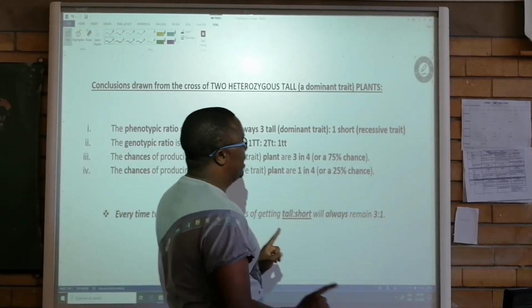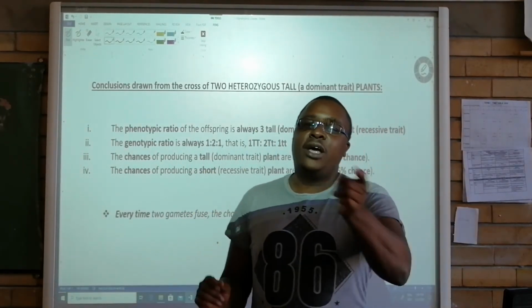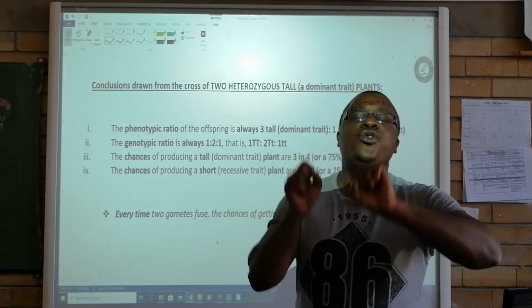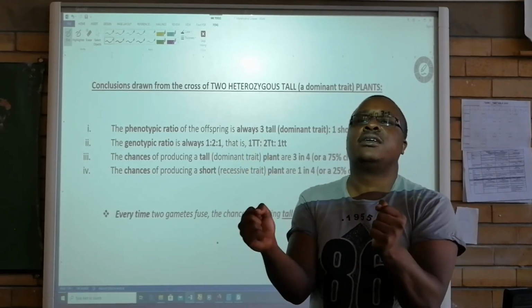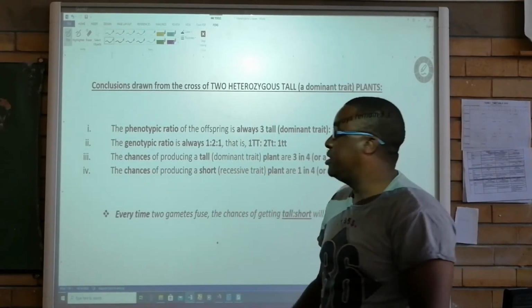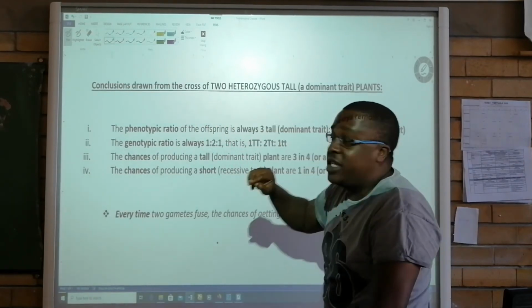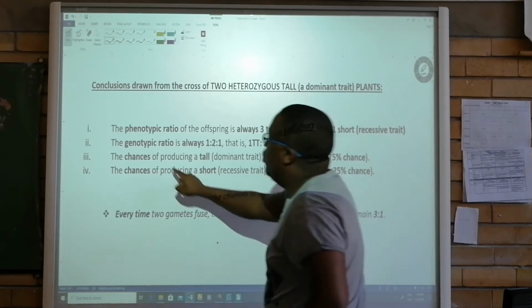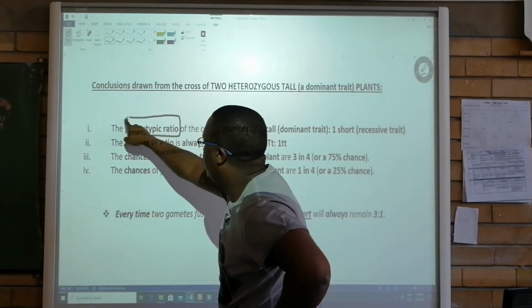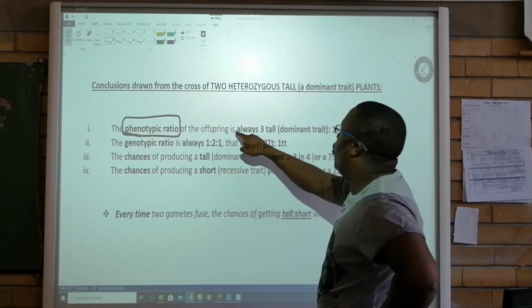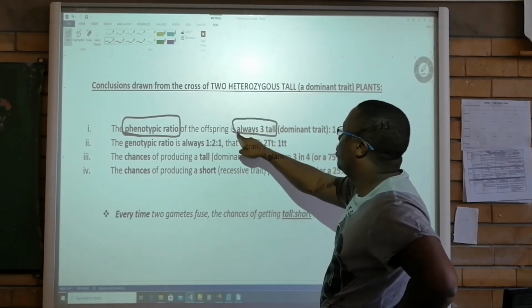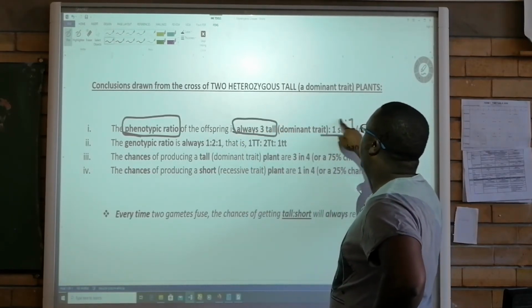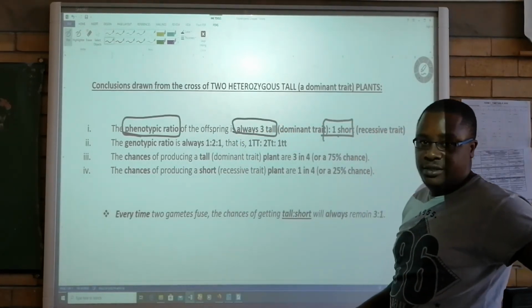Conclusions drawn from the cross of two heterozygotes. Now listen, every time you cross, let's start with the basic. Drawn from the two heterozygous tall plants was that the phenotypic ratio is always 3 tall is to 1 short.